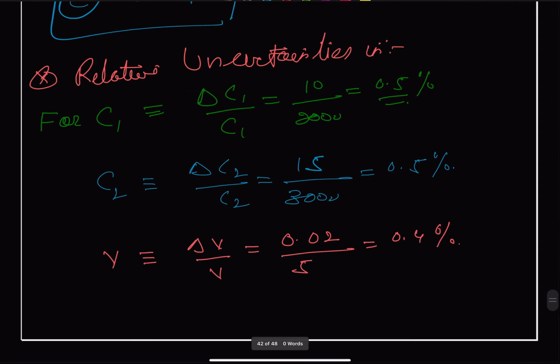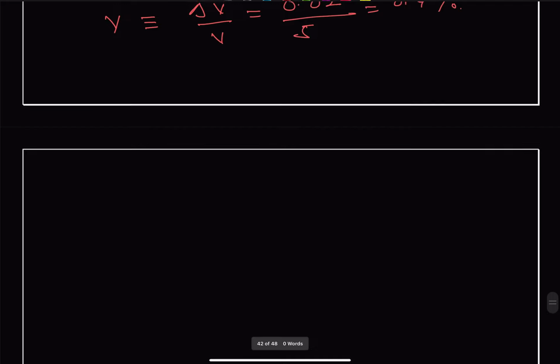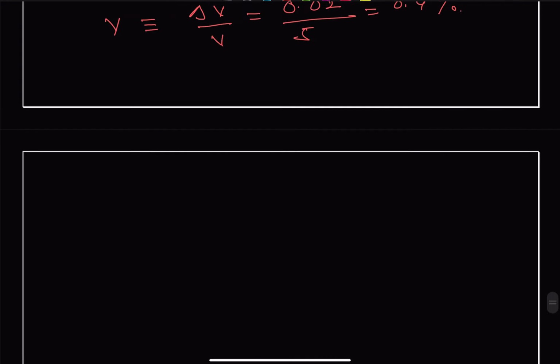So we are going to find out relative uncertainty in C. In C, it is much more easier to use the logarithmic function, and this gives us natural log of C is equal to natural log of C1 plus natural log of C2 and minus natural log of C1 plus C2.